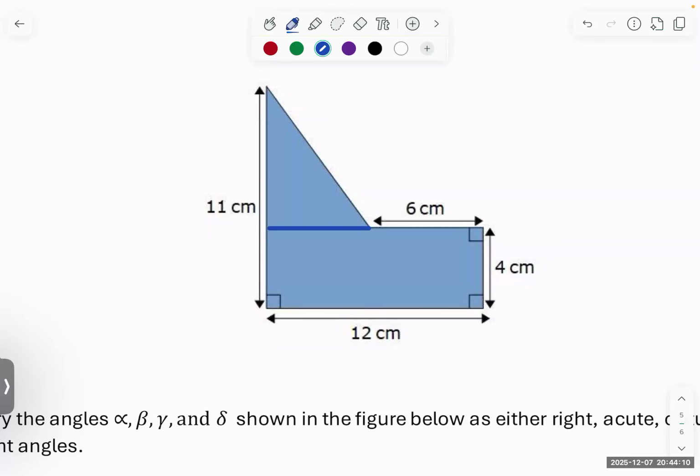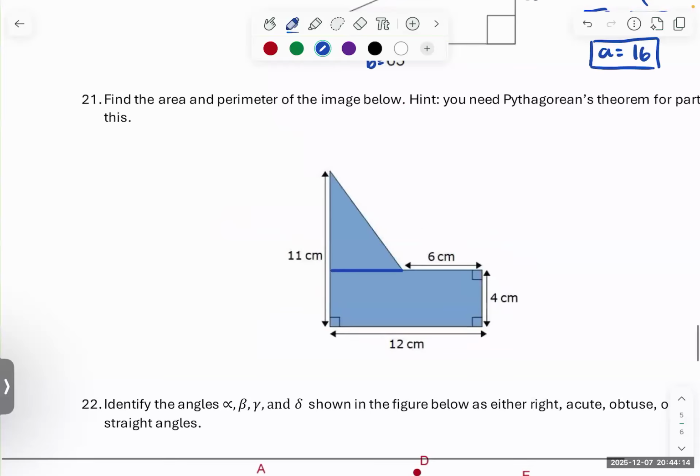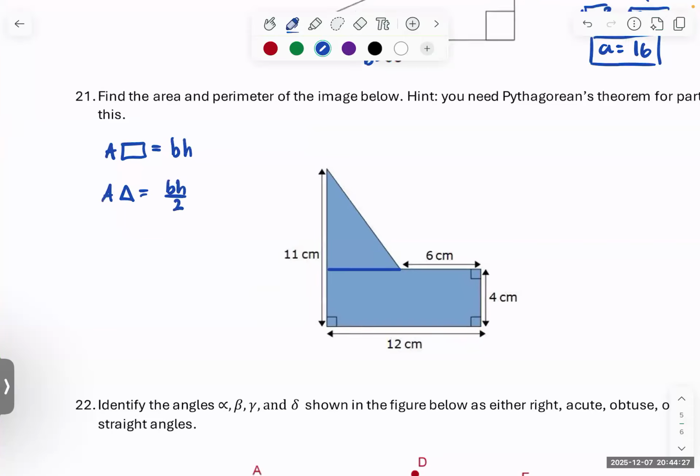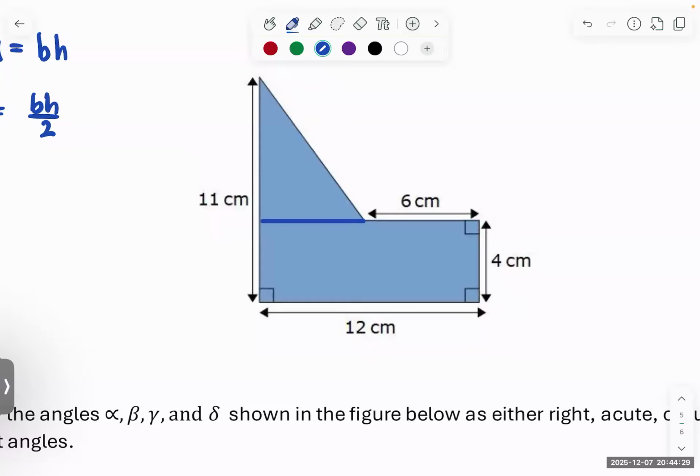The area of a rectangle is length times width, and the area of a triangle is equal to base times height divided by 2. So for here, this is 6 centimeters. Why? Because this whole thing is 12 and this is 6, so that has to be 6.